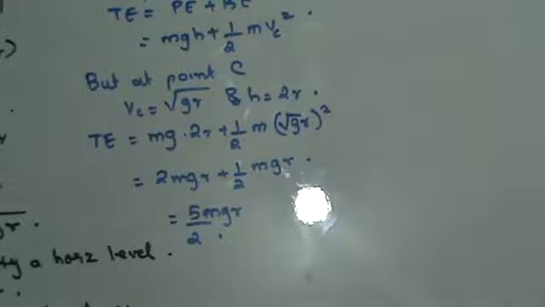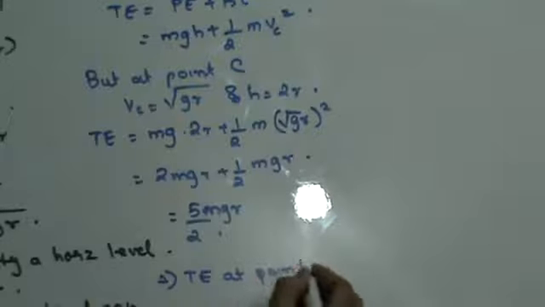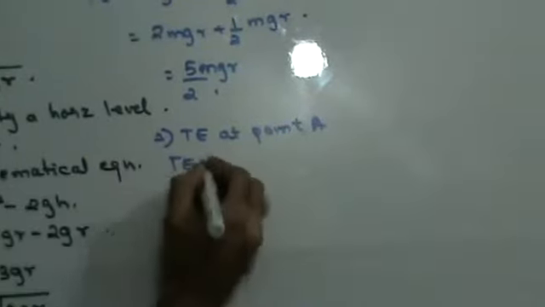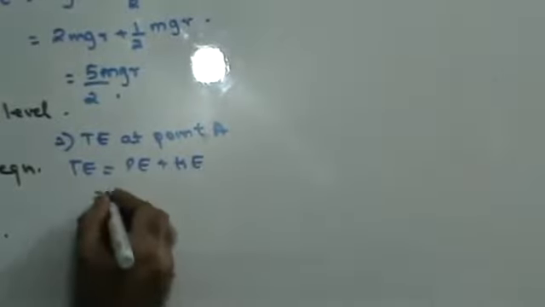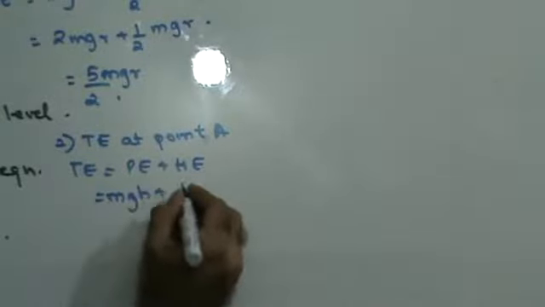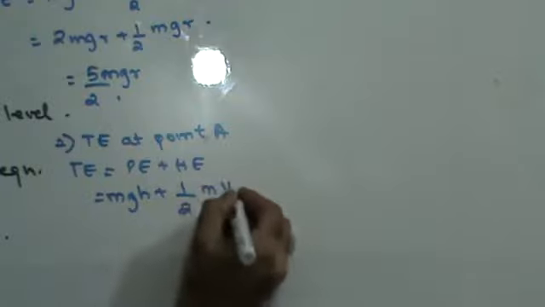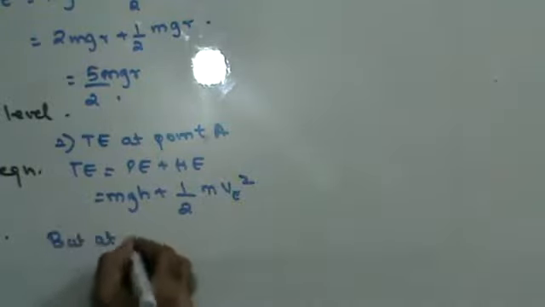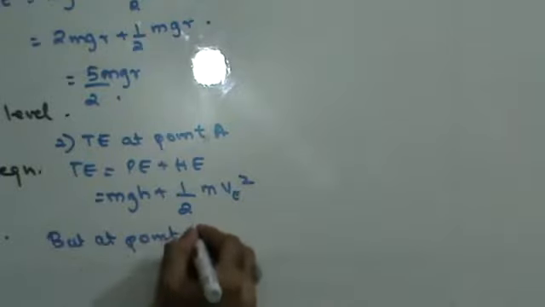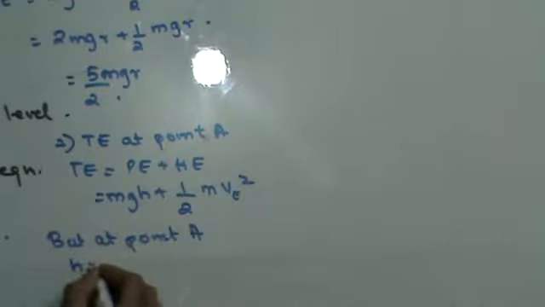Now let's find out the total energy at point A. Total energy is potential energy plus kinetic energy. Potential energy is mgh, kinetic energy is half mv square, but at point A, what will be the value of h?